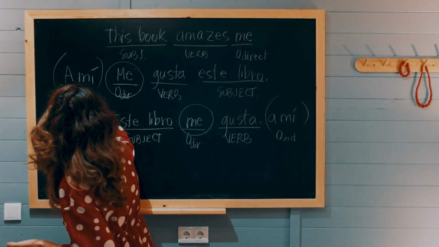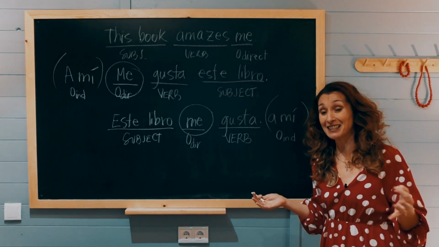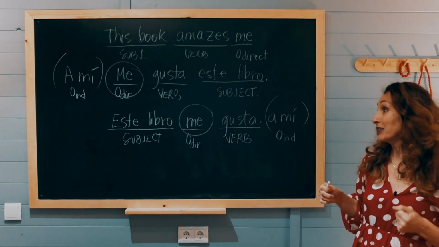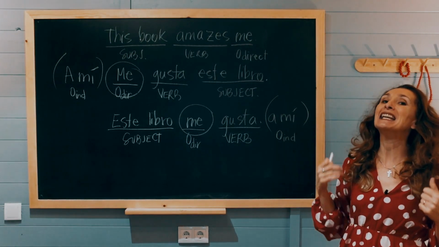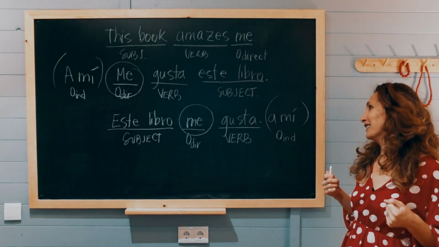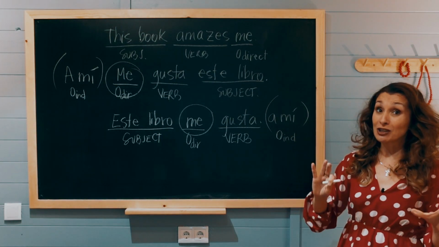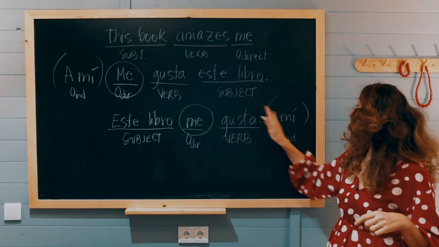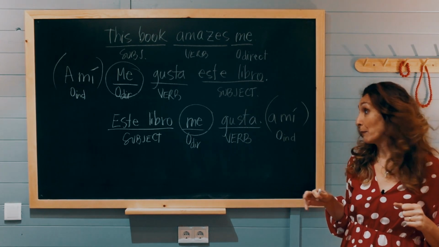It has the same sort of function in the sentence. It's still the object of the sentence, not the subject, not the protagonist, but an indirect object in this case.